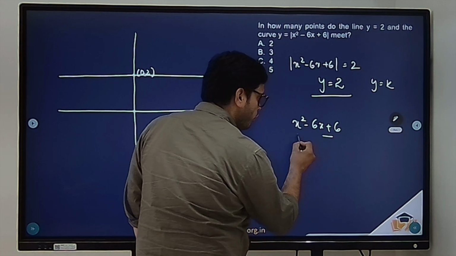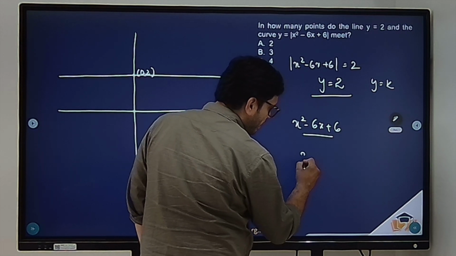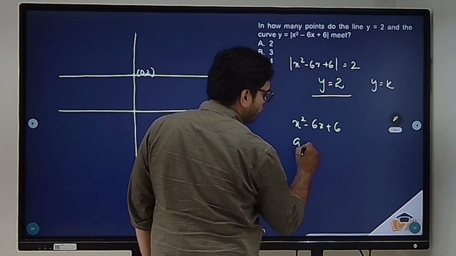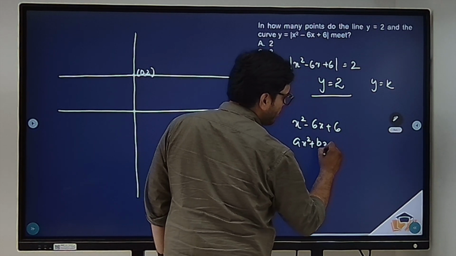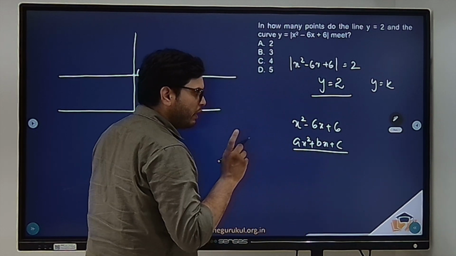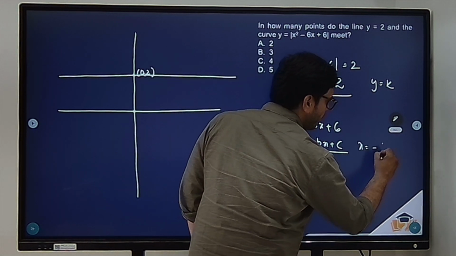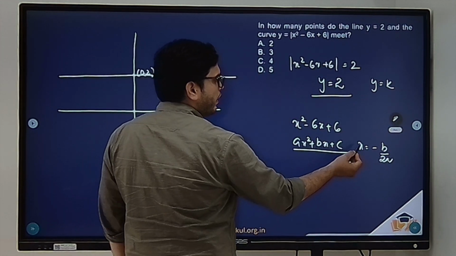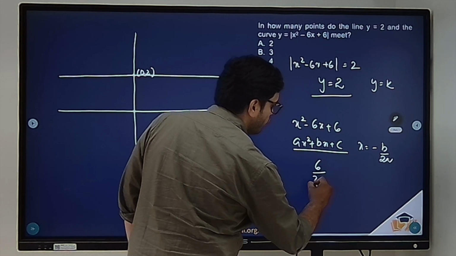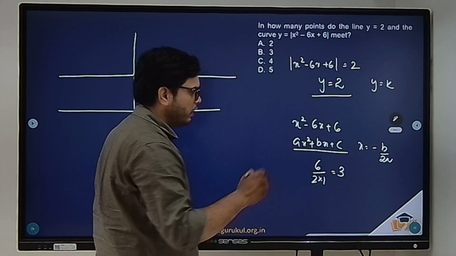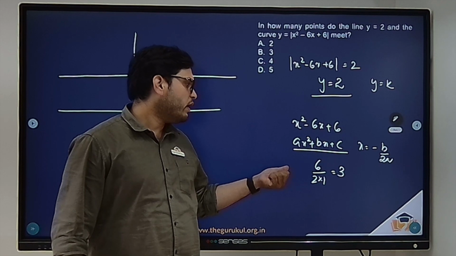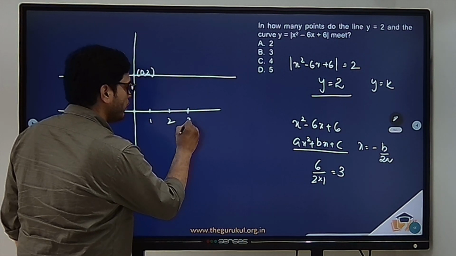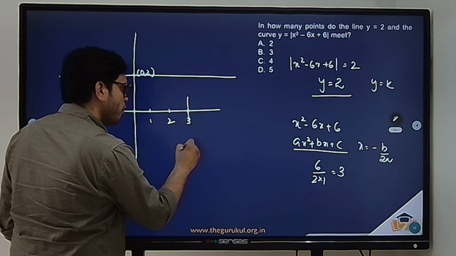So to find the minimum value, we know that if I compare this with ax square plus bx plus c, this will attain minimum value when x is equal to minus b by 2a, right? Now minus of minus 6 by 2 into 1. Now this is 3. So this would attain minimum value when x is equal to 3. Right, let this be 1, 2, 3.